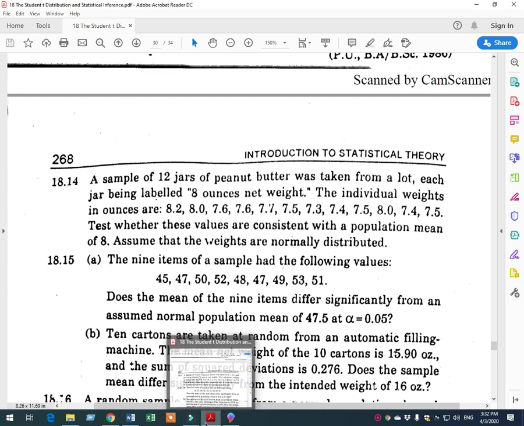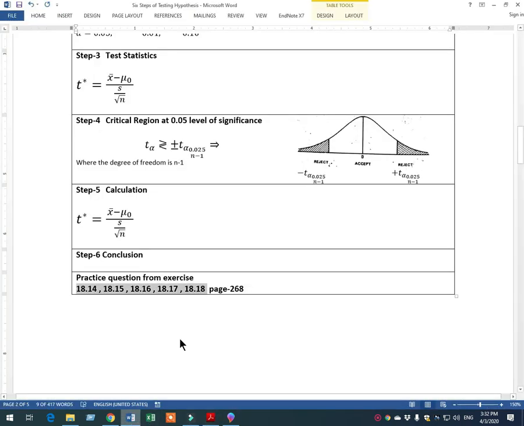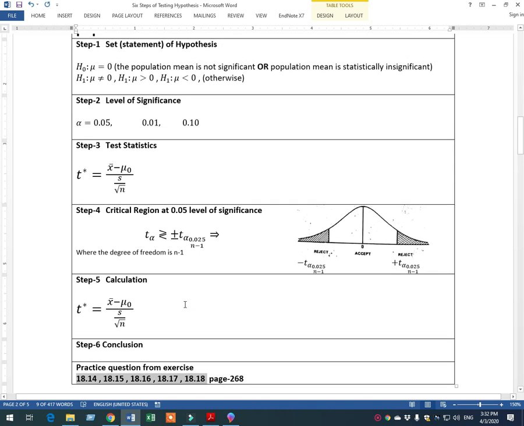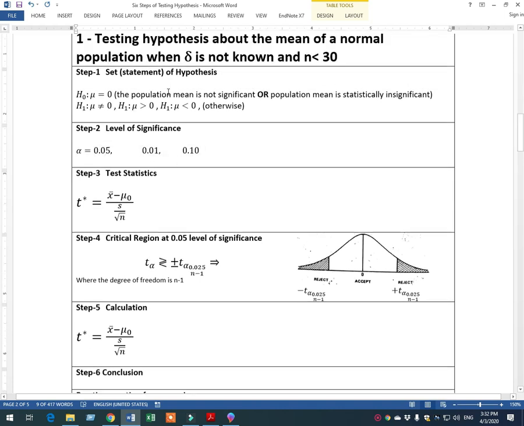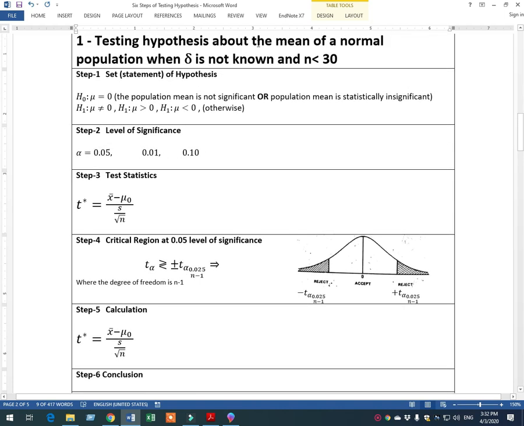So for that I would take some help. This is testing a hypothesis about the mean of a normal distribution, the population mean, where the population standard deviation is not known, like in our question, and the number of observations is less than 30.